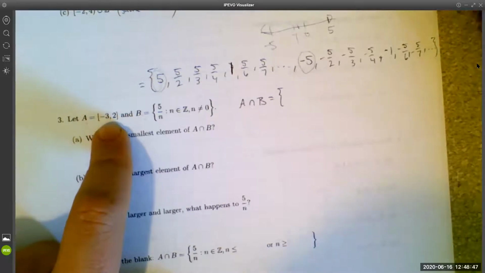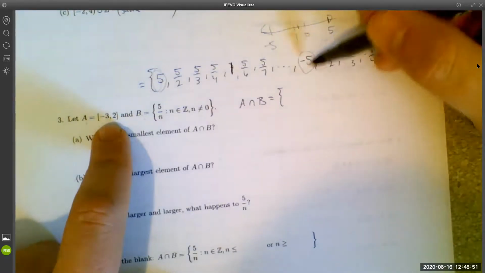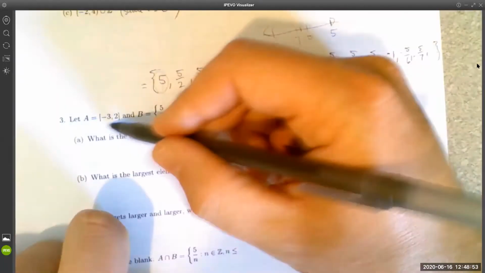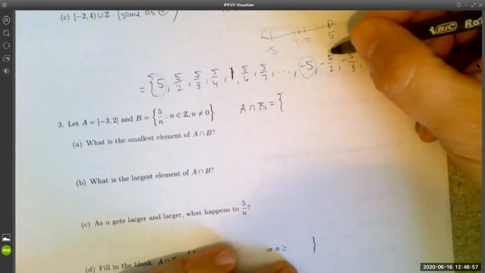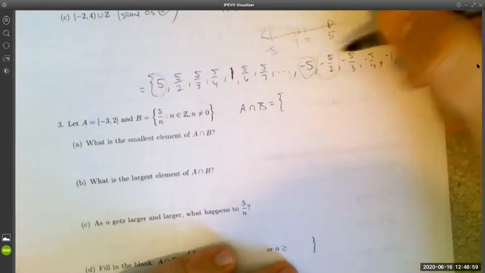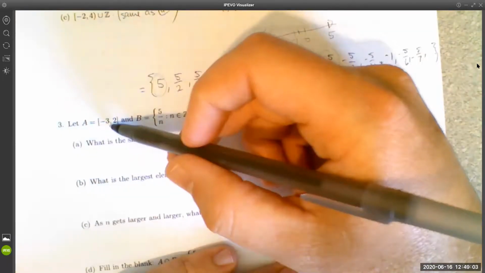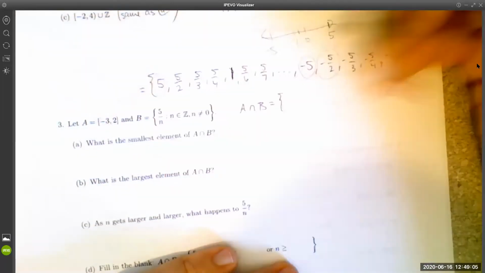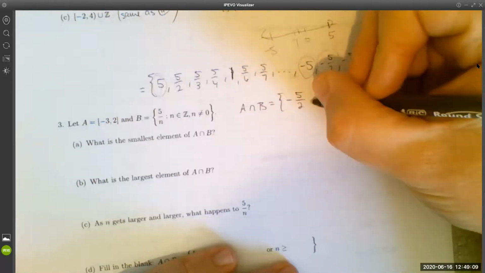Obviously, the smallest element in A intersect B is not going to be -5 because -5 is not in this interval. If I go to the next smallest element, -5/2, that's like -2.5. -2.5 is within this interval. So I think the smallest element is going to be -5/2.